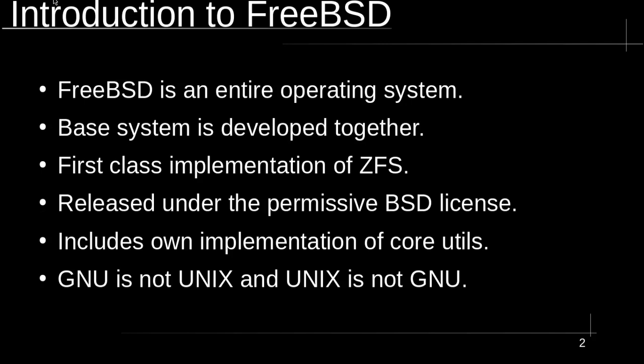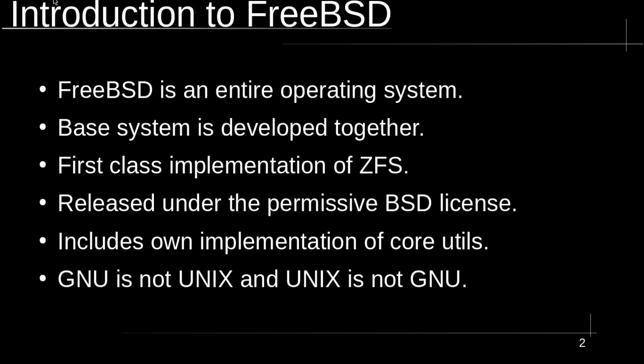The first of which is that FreeBSD is a whole operating system, not just a kernel. FreeBSD is developed as a complete system. All of the tools are provided in the base system, such as shells, utilities, compilers, etc., and they're all developed together. So everything you need for a full operating system is in base and is part of the same code base.